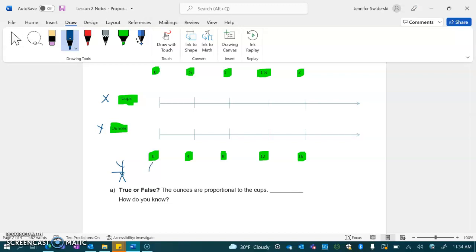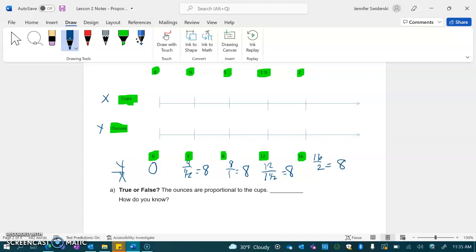So here I'll get 0 divided by 0, which is 0. Here I'll get 4 divided by 1/2, which is 8. Here I'll get 8 divided by 1, which is also 8. The next one, I'll get 12 divided by 1 1/2, which is 8. Here I'll get 16 divided by 2, which is also 8.